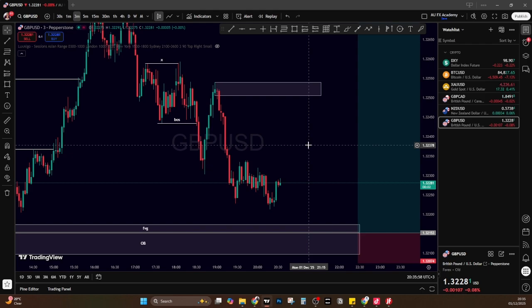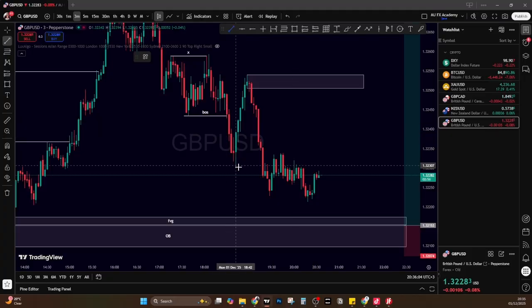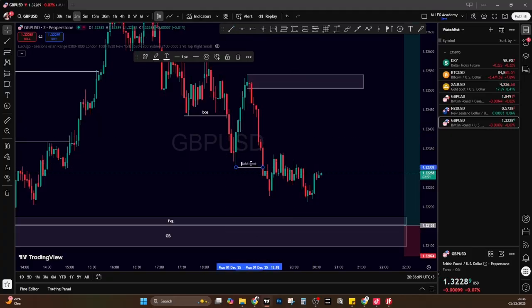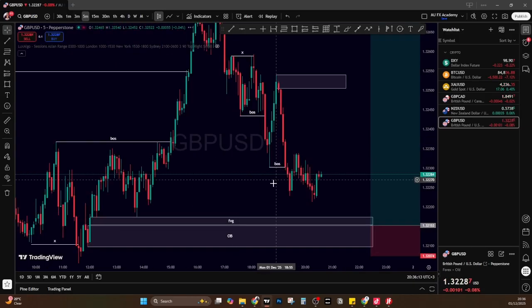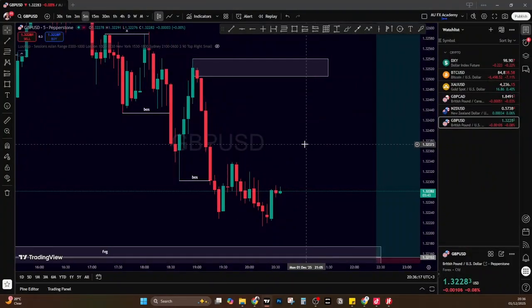Because there are two things that can happen. Now, once the market breaks structure, like here, can you see there's a break of market structure here? Let me go back to 5 minutes so that we understand this. You see, there was a break of market structure here.